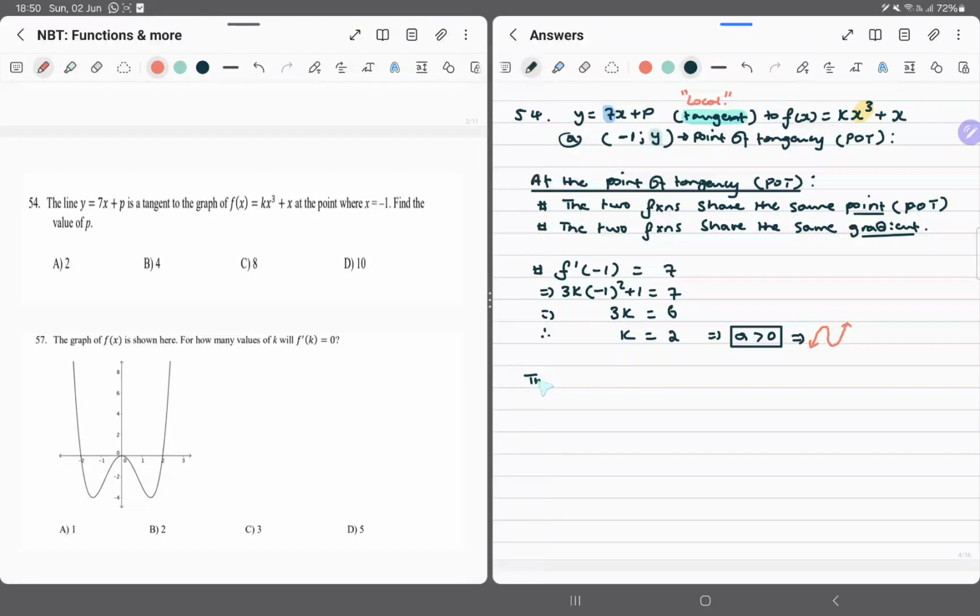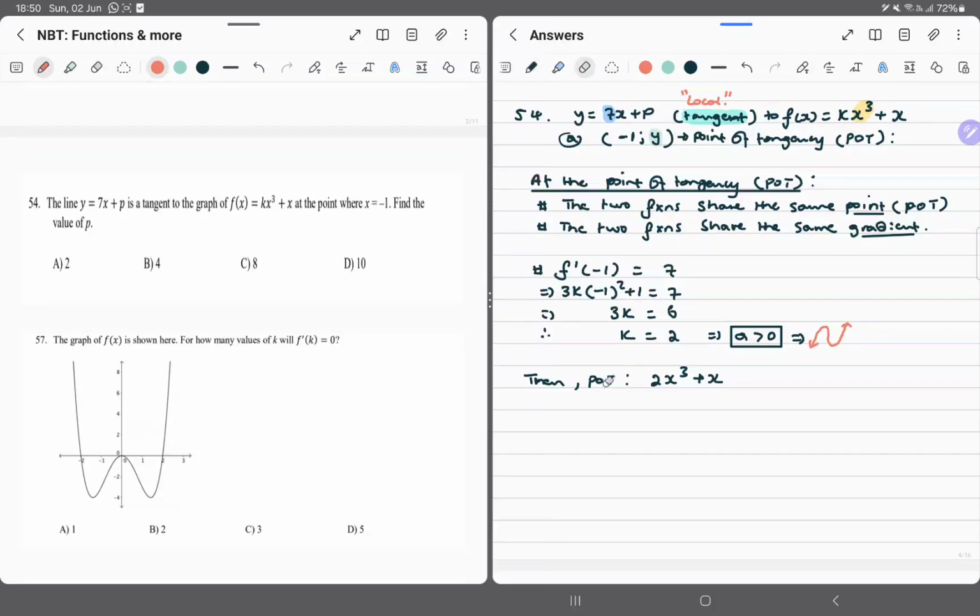We can say then the point is such that 2k x, what am I doing now? 2x cubed plus x.